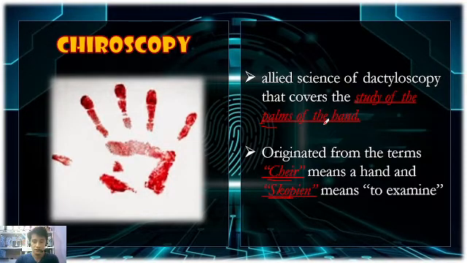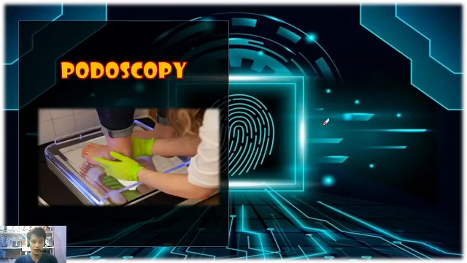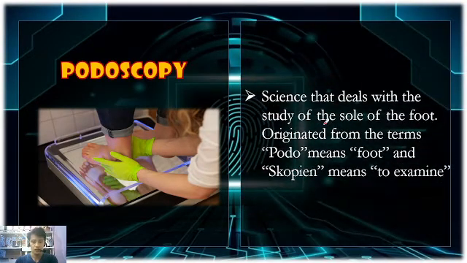Studying the palms of the hand is chiroscopy. And the last one is podoscopy. The word podo means foot, and skopein means to examine. So this science deals with the study of the sole of the foot.